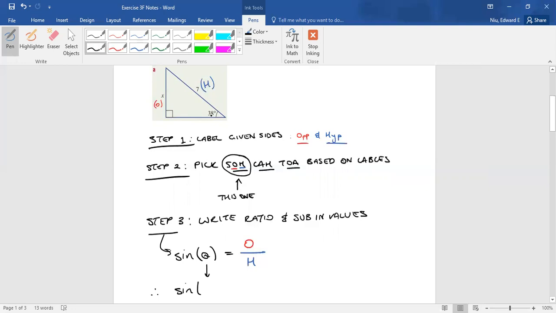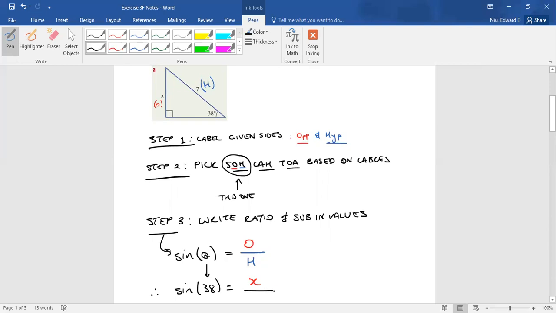We're given 38. The 38 came from this angle above. What about the opposite side length? The opposite side length is x. We don't know, so we replace the O with an x.